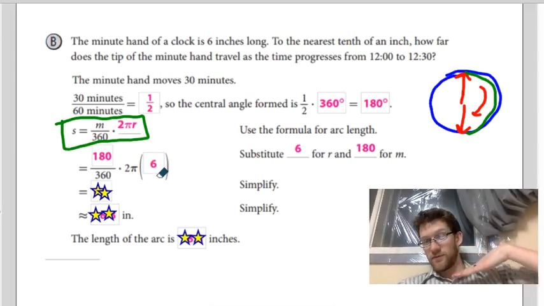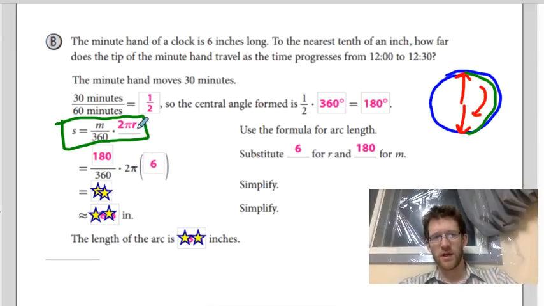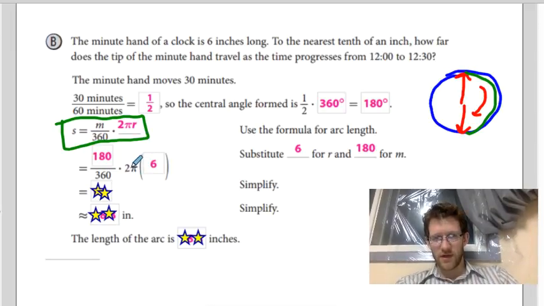I actually prefer my answer in pi. So instead of just getting 3.14 times 2 or 1/2 or whatever, to me it's a lot more valuable if you can keep pi by itself. So 180 over 360 is 1/2, and there's a 2 here, so the 2 and the 1/2 cancel, leaving me with 6 pi.